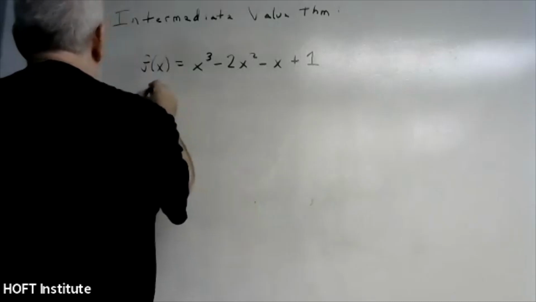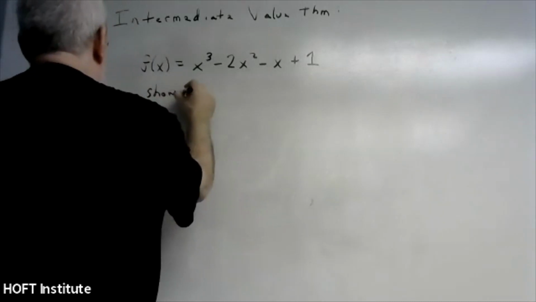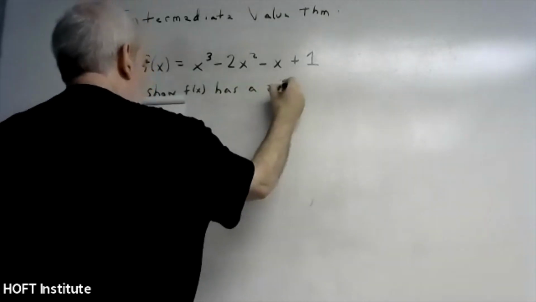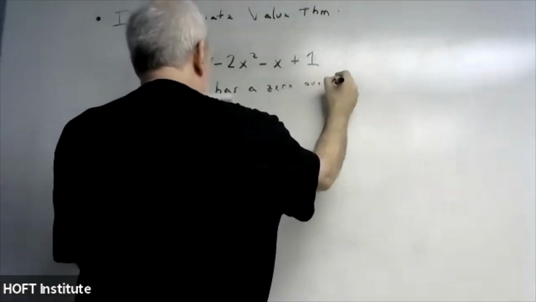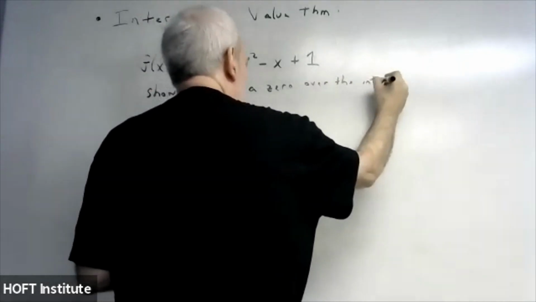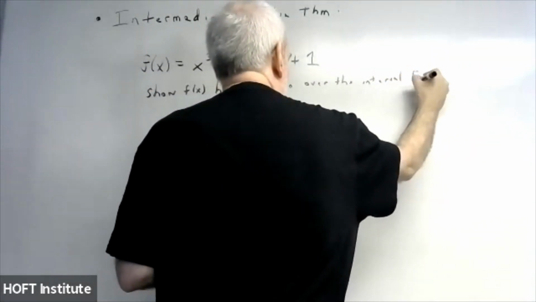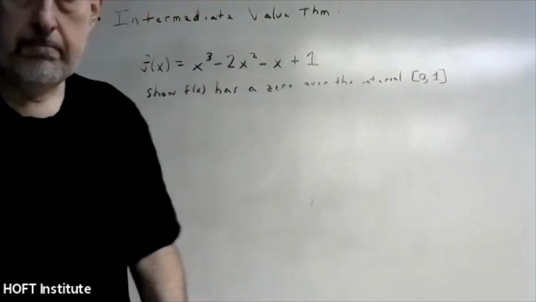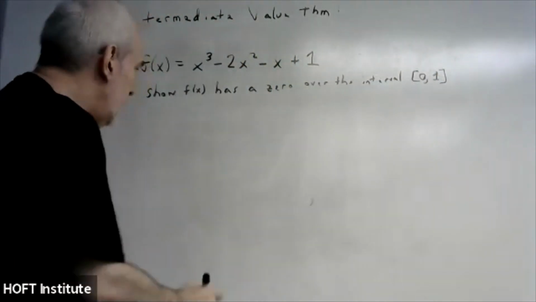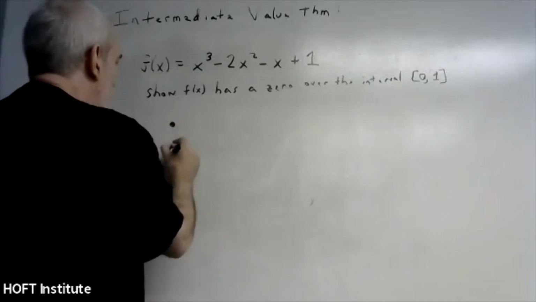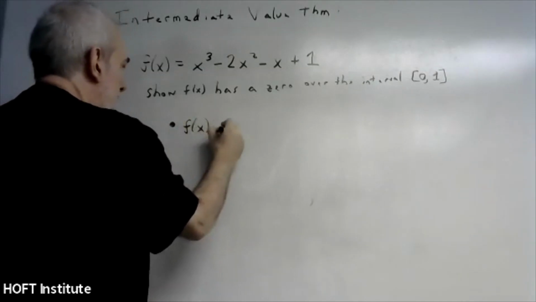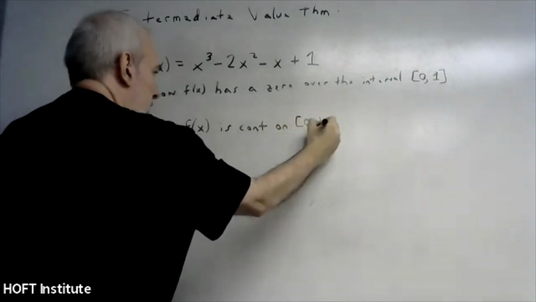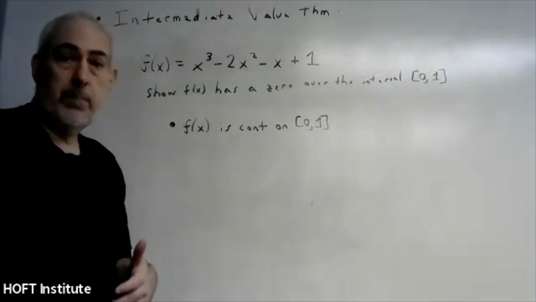But here's the problem. Show f of x has a 0 over the interval 0 to 1. Okay, so the first thing I'm going to note is that f of x is continuous on the interval 0 to 1 because it's a polynomial.